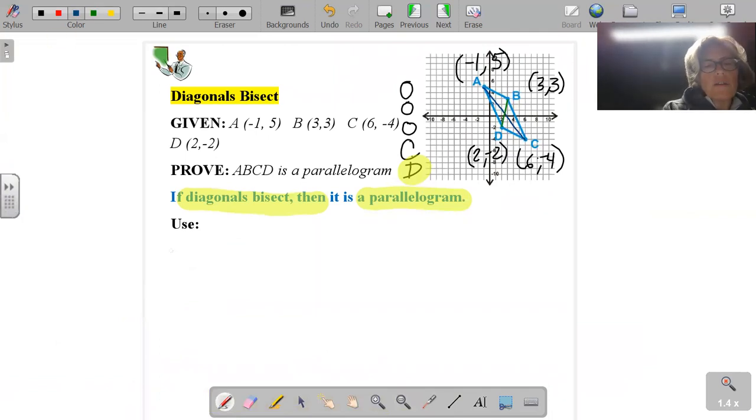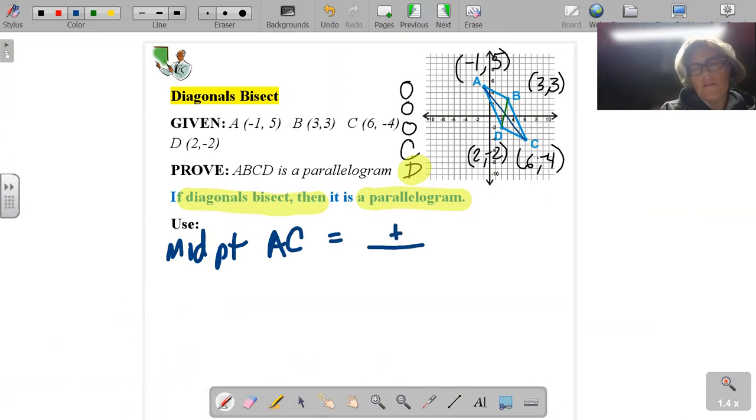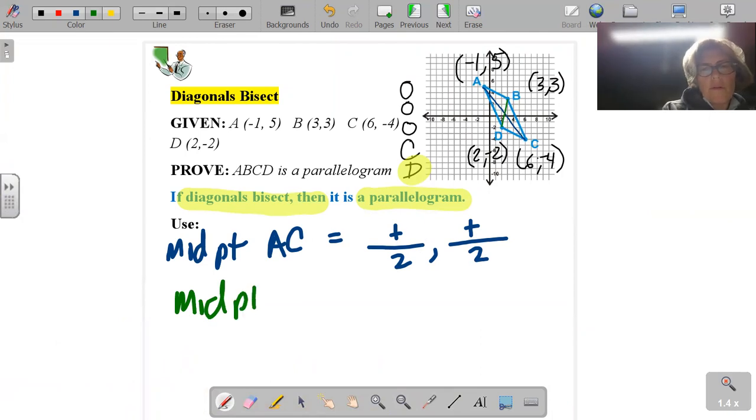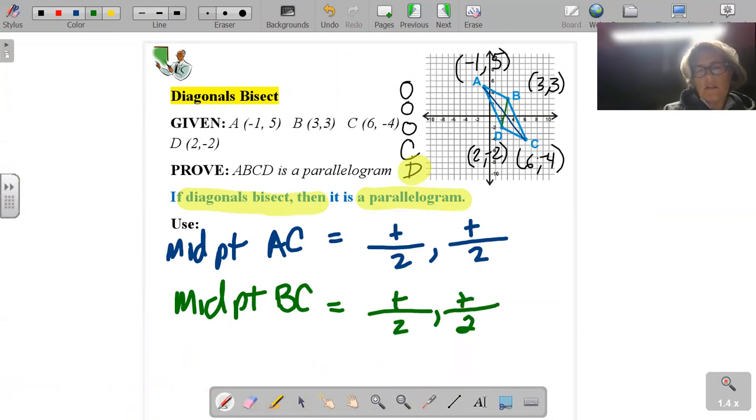So we're going to find midpoint AC. Set it up, add the x's, divide by 2, add the y's, divide by 2. Midpoint BD, add the x's, divide by 2, add the y's, divide by 2.